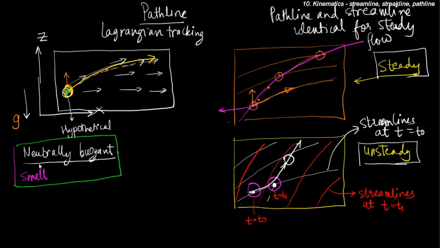So under these assumptions, the velocity that the particle will sample will be the u-v-w velocity at the particle location.